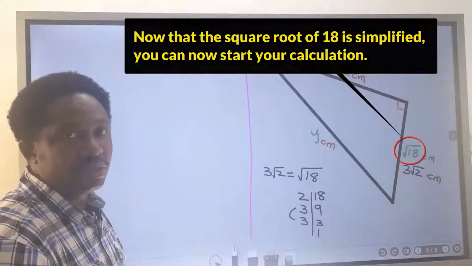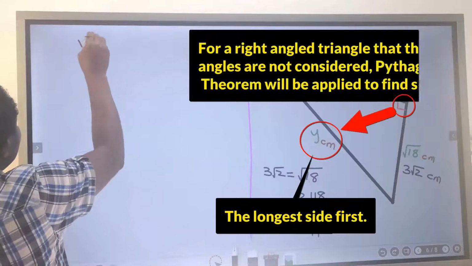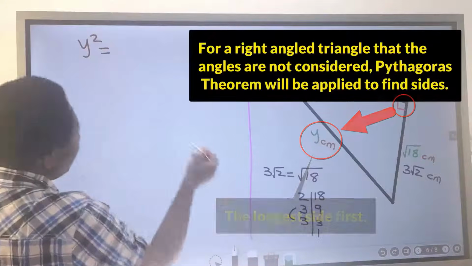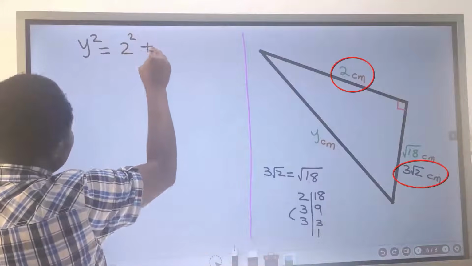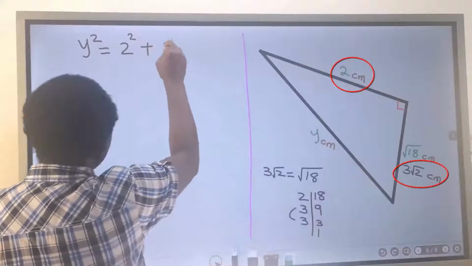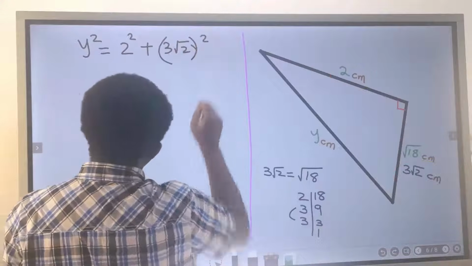Next, according to Pythagoras, I will write the longest side and square it. Next, I will sum both sides remaining, and here I have 3 root 2 also squared.